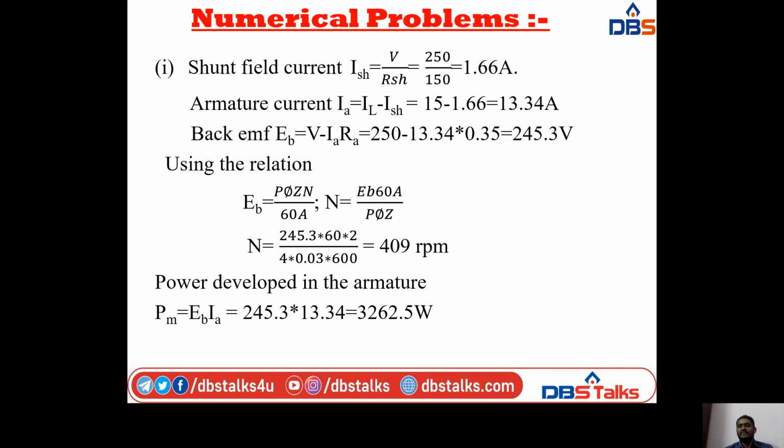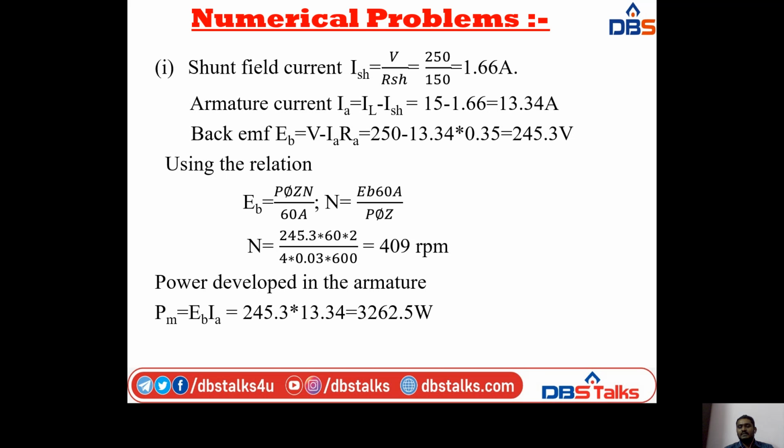So from this formula EB is equal to phi P N Z by 60A, I am rewriting this as N, the speed, is equal to EB into 60A by P phi Z. Substitute the EB value, the back EMF we just calculated, that is 245.3 volts, into 60 into A. Since it is a wave connected armature, I am taking A is equal to 2, divided by P, the number of poles, that is 4, into the flux 0.03 webers, into Z, the total number of conductors, that is 600, already given in the problem.